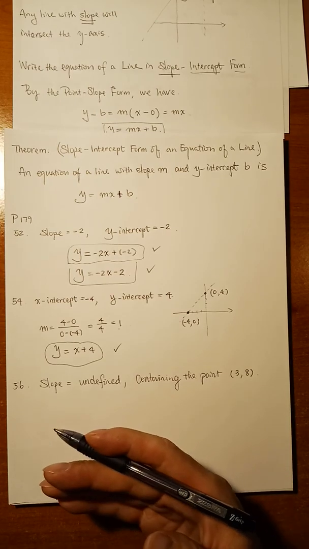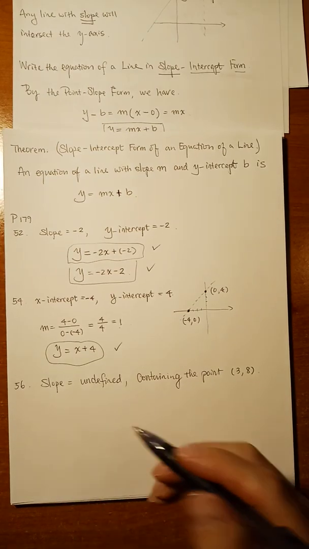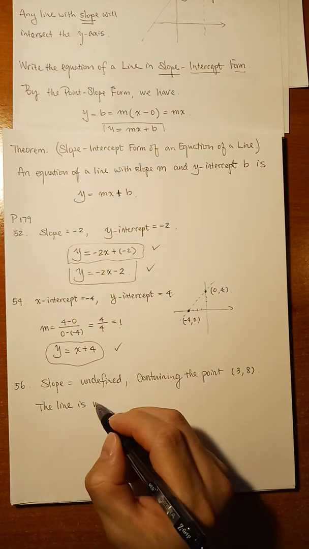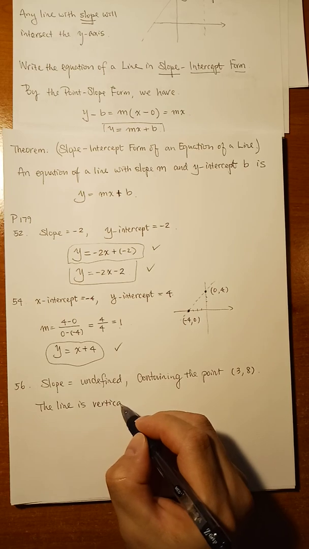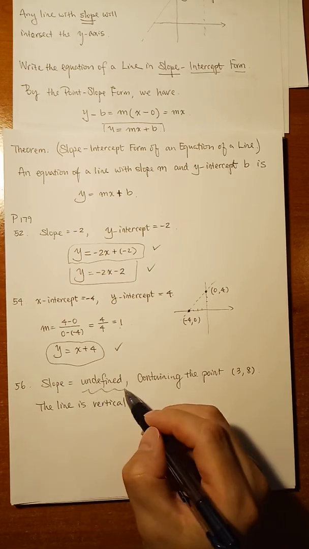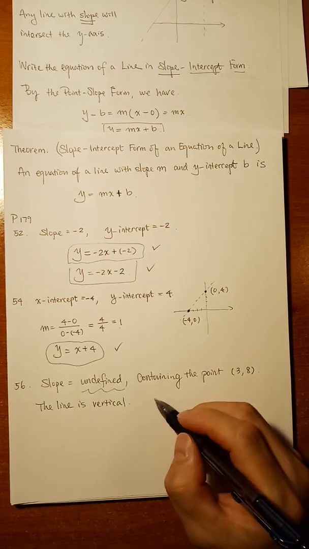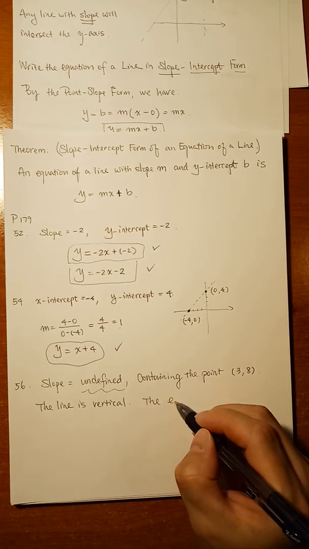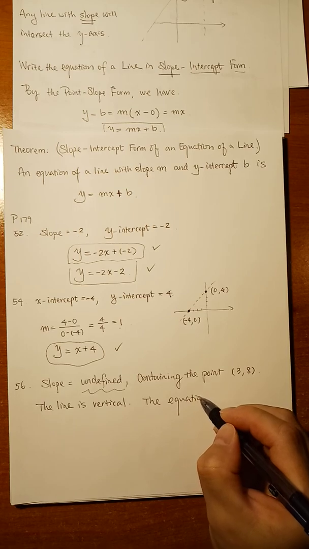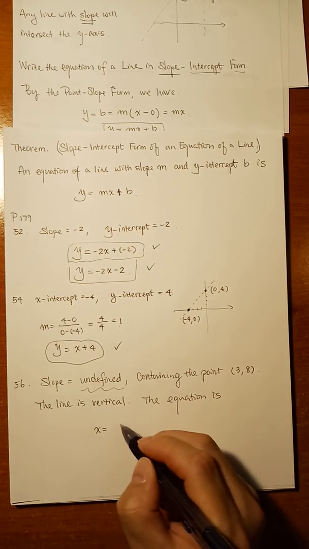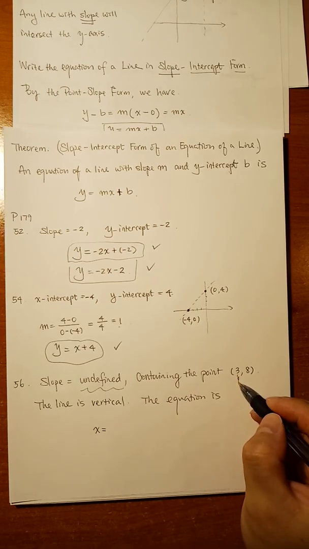What kind of line does not have slope? The line is vertical. Whenever you see no slope, the line is vertical. The equation is x equals some number. What number?